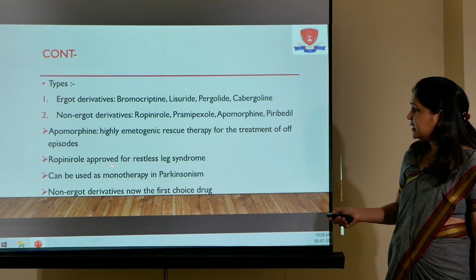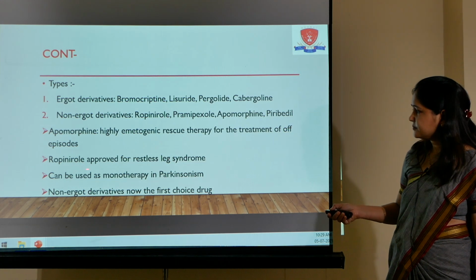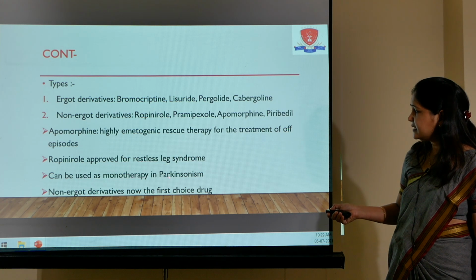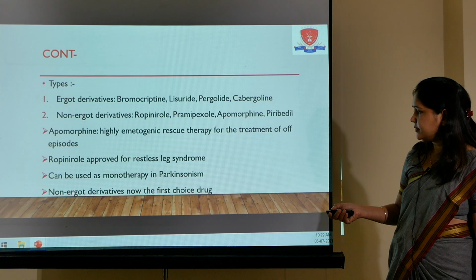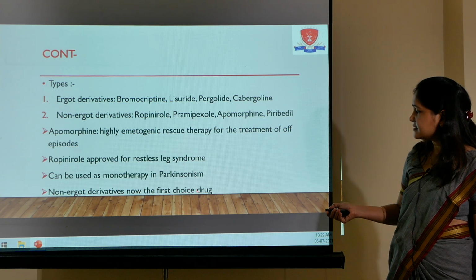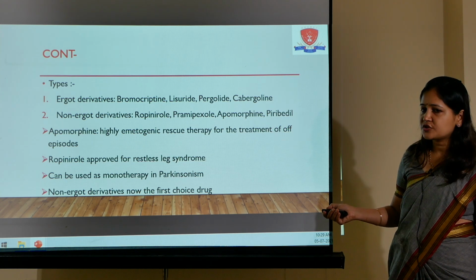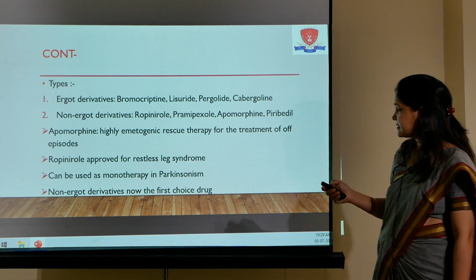Ropinirole is mainly used and has been approved for restless leg syndrome. These non-ergot derivatives can be used as monotherapy in Parkinsonism, or can be added with levodopa and carbidopa. Non-ergot derivatives are now considered the first choice drug because of the fewer side effects.